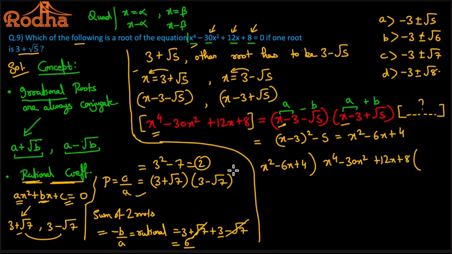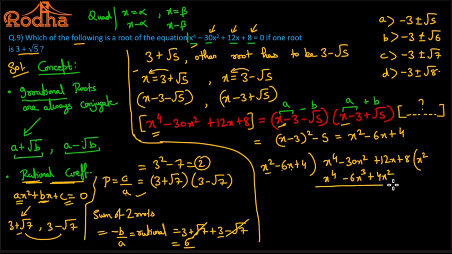If I divide it, see what I'll be getting here. To get x to the 4, I need x square, so I'll be getting x square here, fine. So x square into x square is x to the 4, minus 6x into x square is minus 6x cube, and plus 4 into x square is plus 4x square, right?